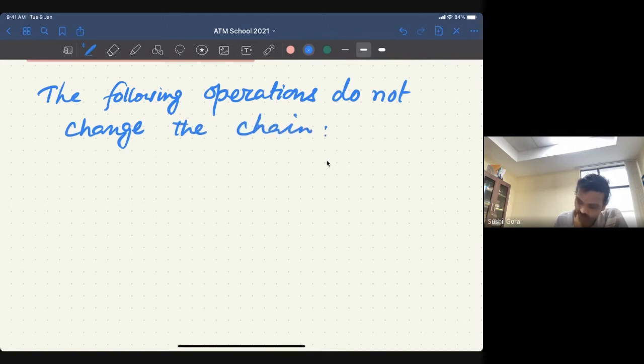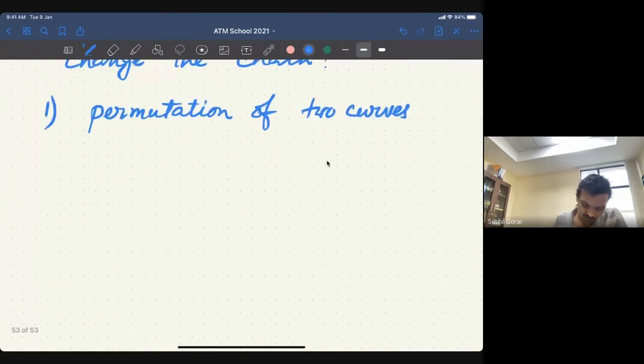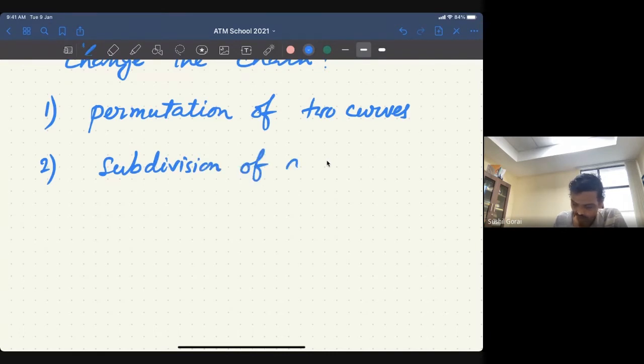One is permutation of two curves. Second thing is subdivision of a curve.